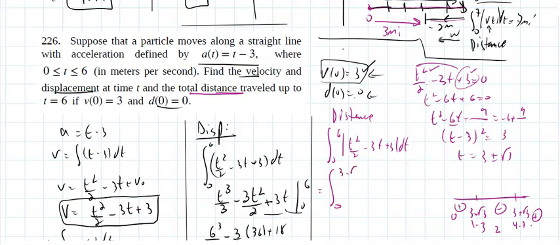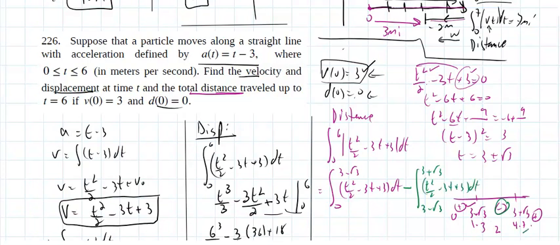From 0 to 3 minus radical 3, since it's positive, I don't need the absolute value. But the fact that it is negative, I put a minus in front of the integral from 3 minus radical 3 to 3 plus radical 3 of t squared over 2 minus 3t plus 3 dt.